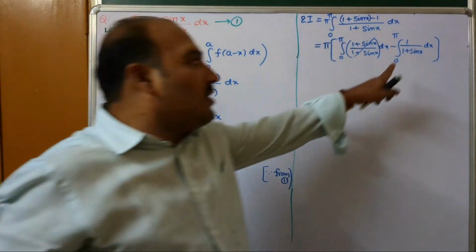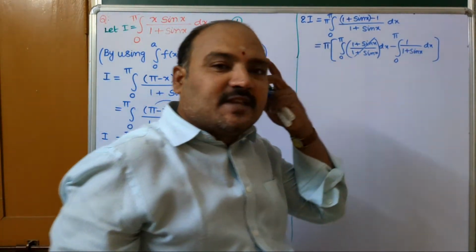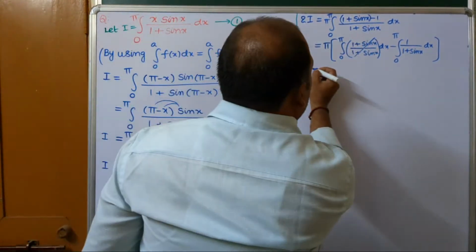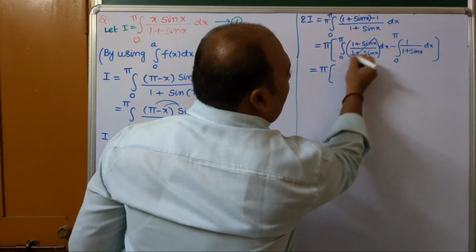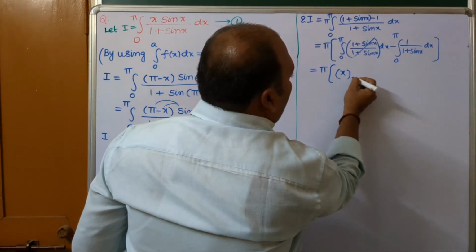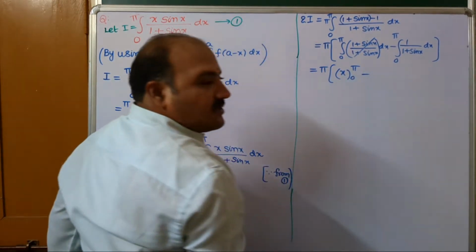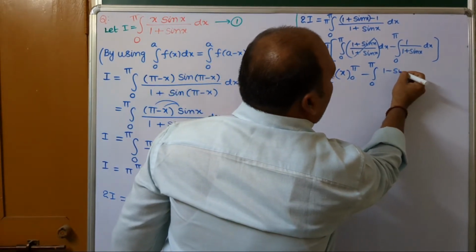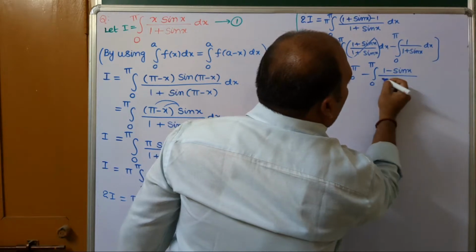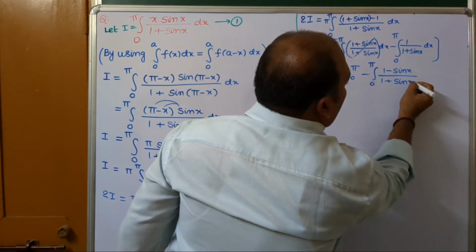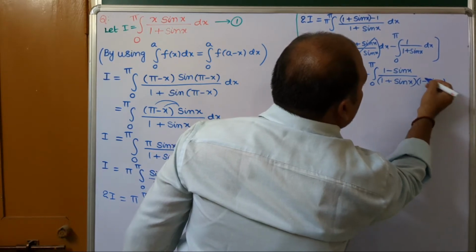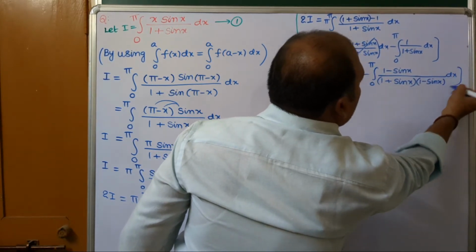So whenever 1 by 1 plus sin x is there, multiply and divide by 1 minus sin x. So here pi into integral dx is x, applying the limit 0 to pi, minus integral 0 to pi of (1 minus sin x) divided by (1 plus sin x) into (1 minus sin x) into dx.